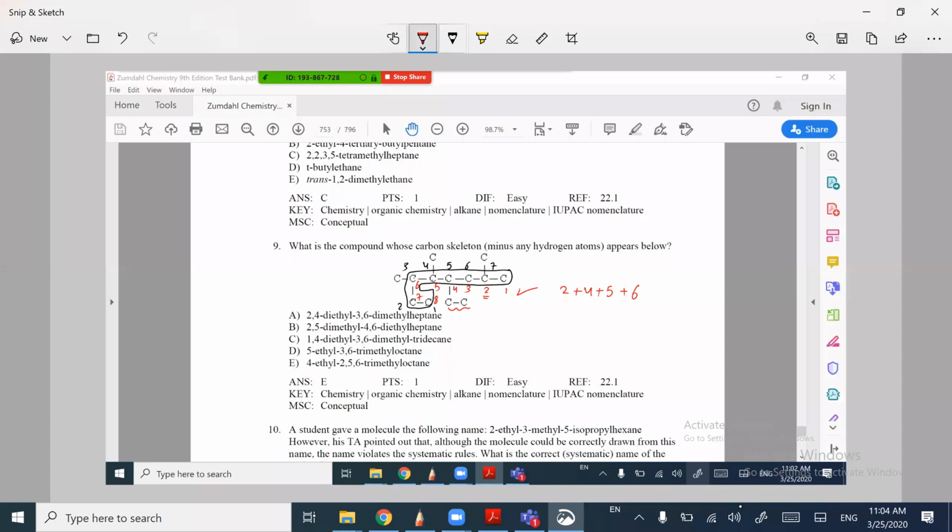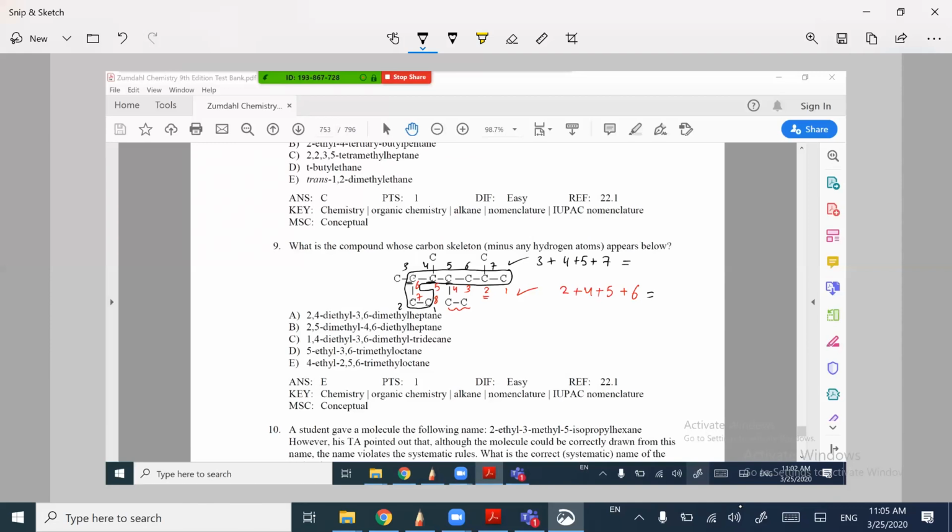For the black counting, from this side, we have branches on carbon atom number 3, number 4, number 5, and number 7.